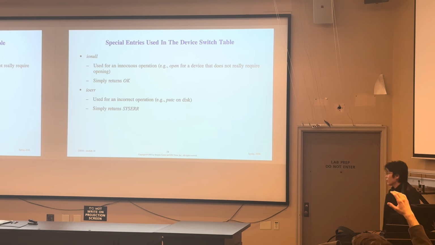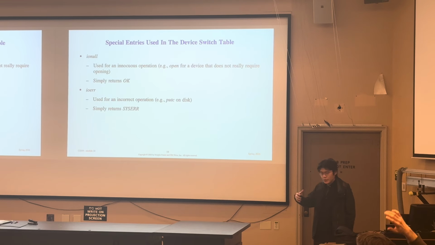I forgot this part. Theoretically, you can treat a disk as a byte stream and use seek and putchar to write characters to disk, right? That should be fine. An incorrect operation would be, for example, closing a mouse, or seeking on the keyboard.